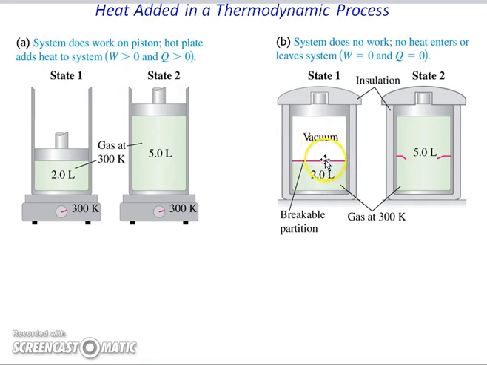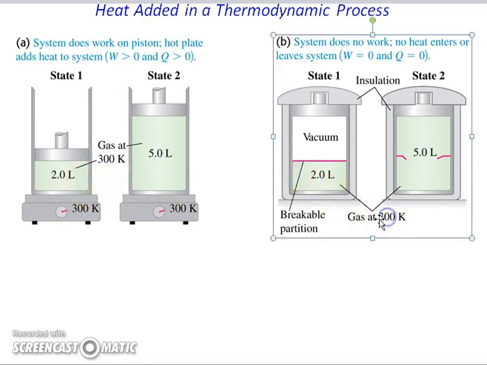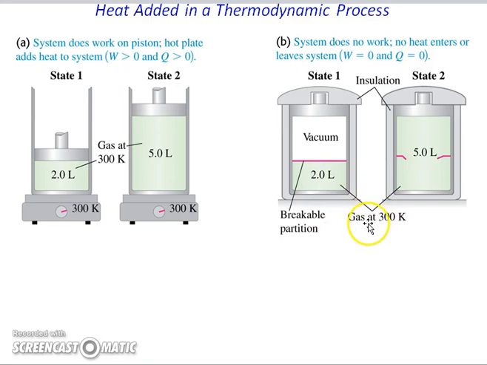In the lower compartment, we place the same amount of the same gas as here, again at the same temperature, 300 Kelvin. The initial state is the same as before. So here the initial state 1 and here initial state 1 are exactly the same, right? Now we break the partition.